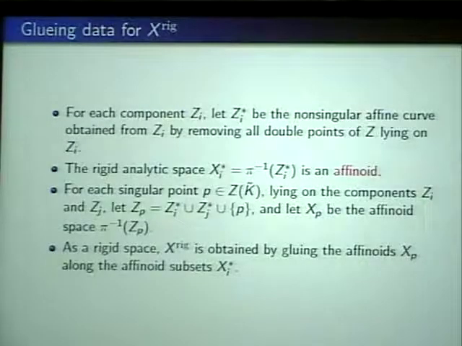Yeah, so maybe I need a stable model rather than a semi-stable model or something along those lines. So, okay, sorry. Yeah, if I want an affinoid space, I could just remove one point. And, okay, so yes.